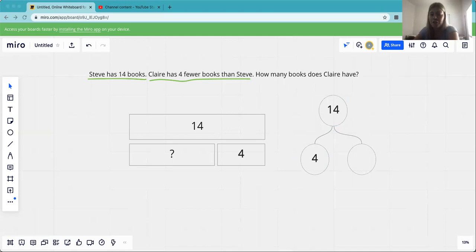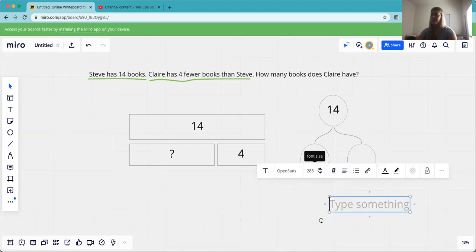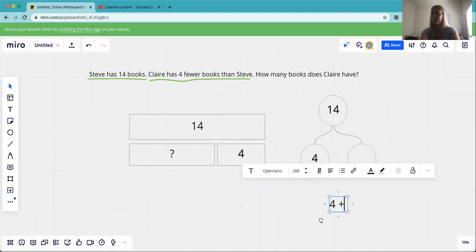What I need to do is see 4 plus what equals 14. I'm going to figure out my 4 plus what equals my 14.